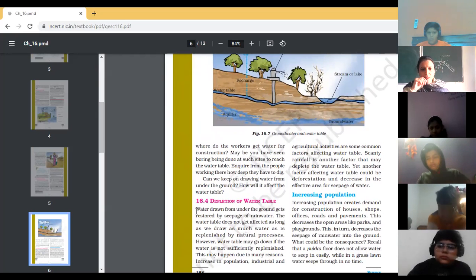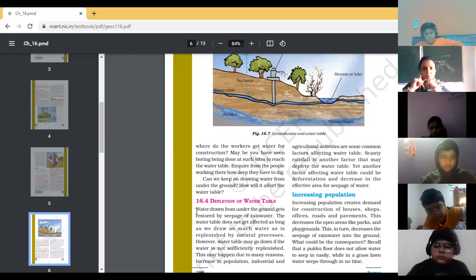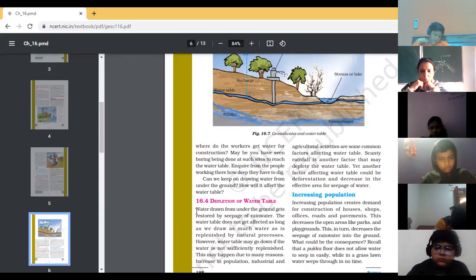Depletion of water table. Water drawn from under the ground gets restored by seepage of rainwater. The water table does not get affected as long as we draw as much water as is replenished by natural processes. However, the water table may go down if the water is not sufficiently replenished.